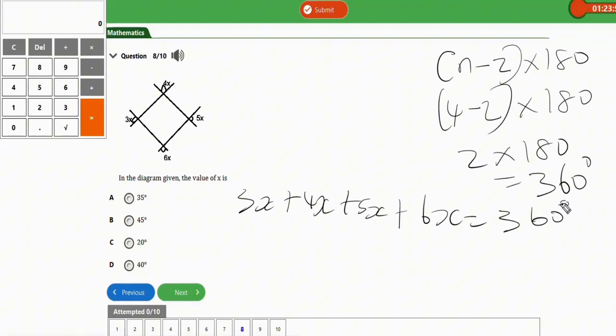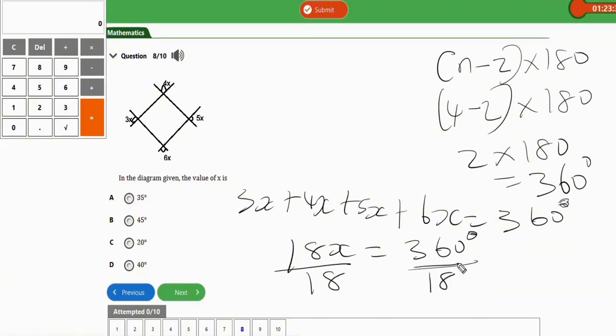Alright, so when you add what you have here, you're going to have a sum of 18x equals 360 degrees. Divide both sides by 18 to make x the subject formula.